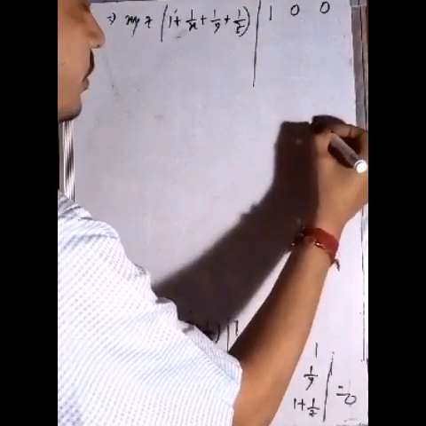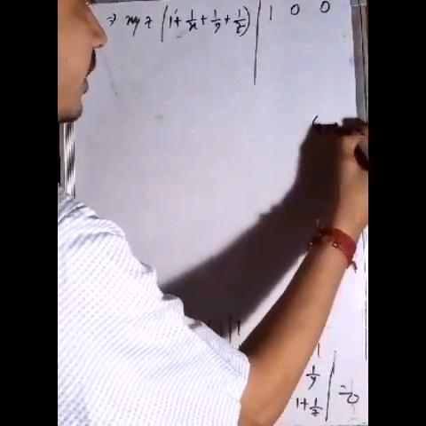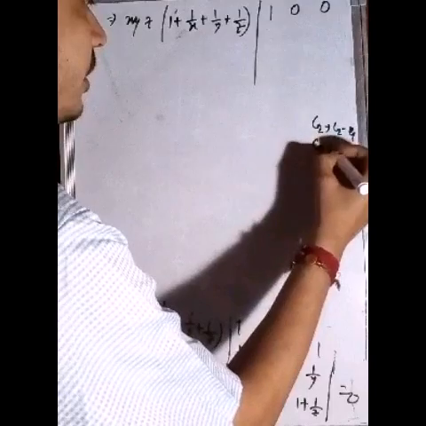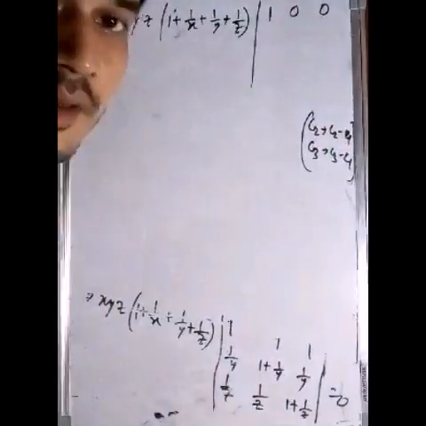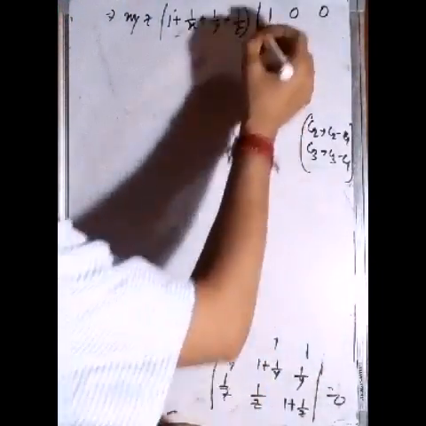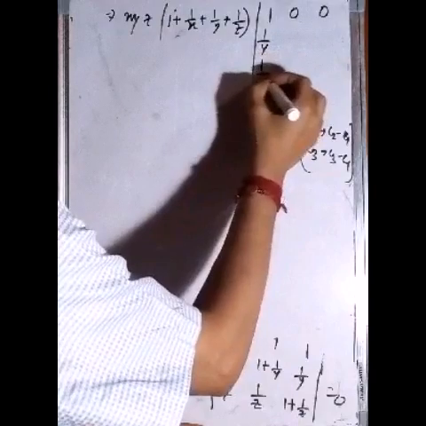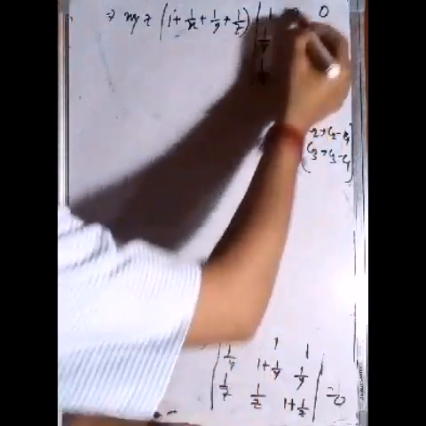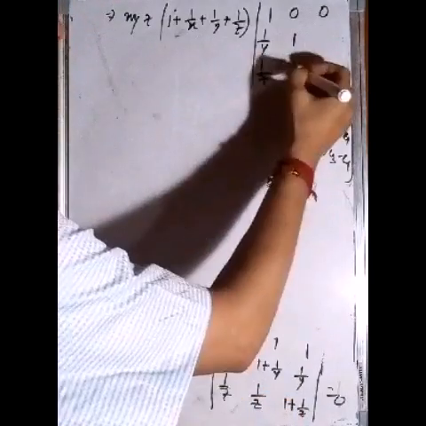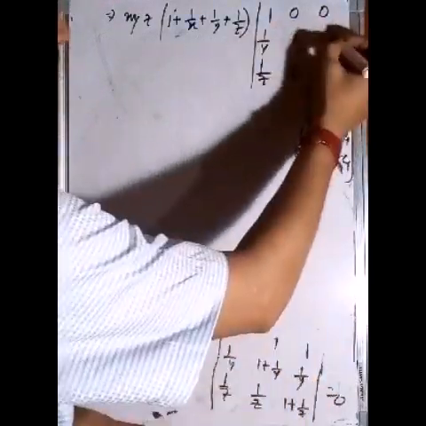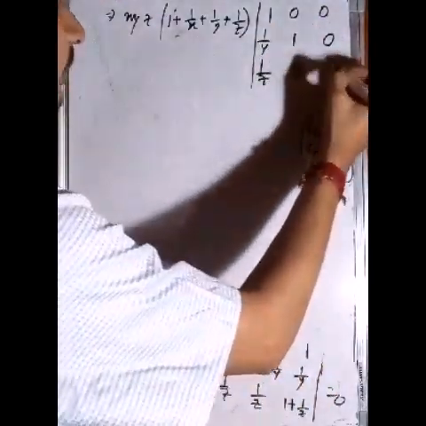We operate C2 going to C2 minus C1 and C3 going to C3 minus C1. We can choose C3 minus C2 also. So we get 1 0 0. Now the second row is 1 by y, then 1 plus 1 by y minus 1 by y, which is 1, then 0. The third row is 1 by z, 1 by z, 0, and then 1.